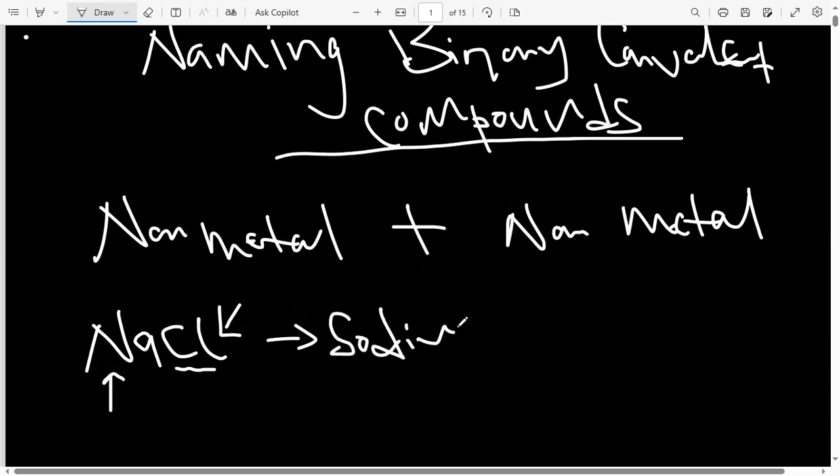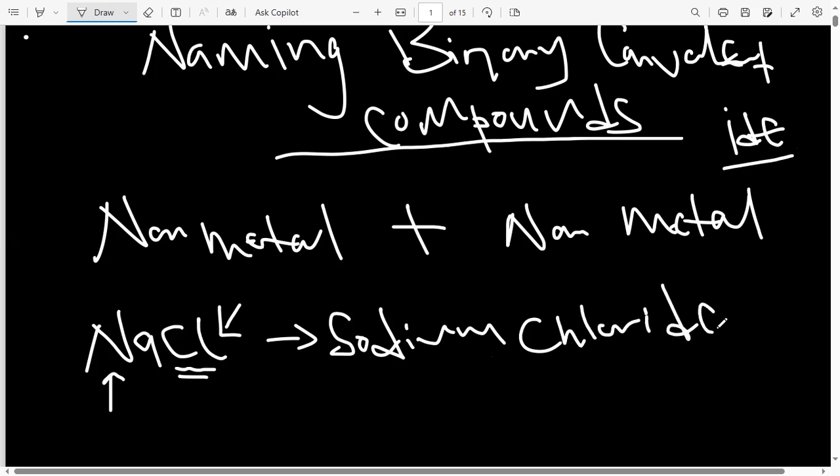And then this non-metal, we make its name end with what? IDE. This is chlorine, but since it's at the end of this compound, we say sodium, and then the chlorine ends with IDE, so it becomes chloride.